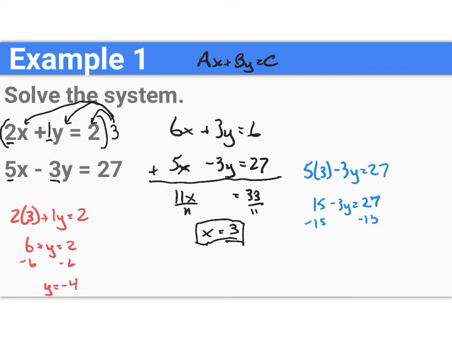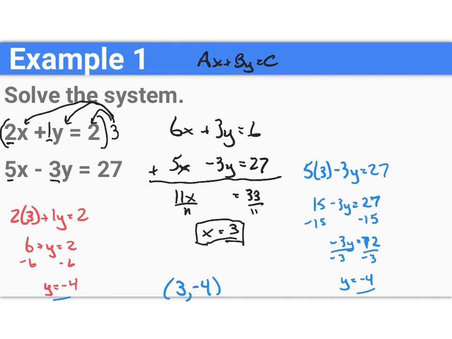That is going to be very important. Negative 3y equals 12. Divide both sides by negative 3, and then y will equal negative 4. That tells us that our point of intersection is at 3, negative 4.